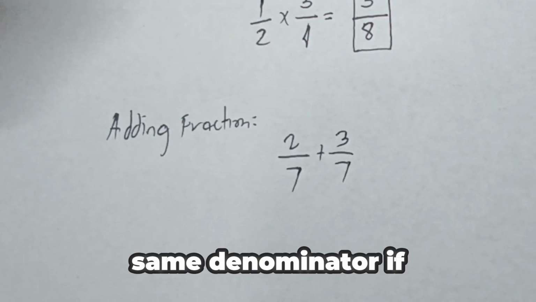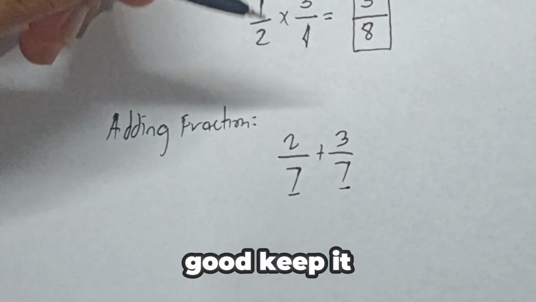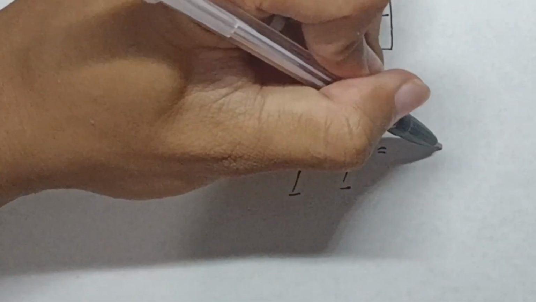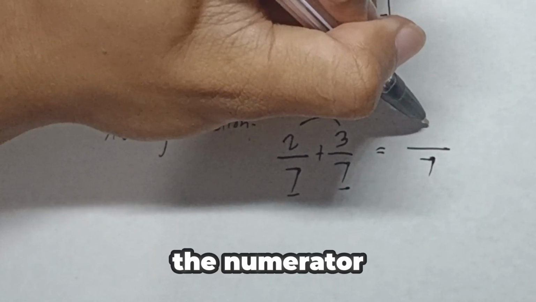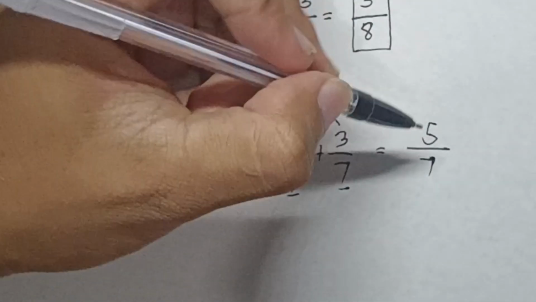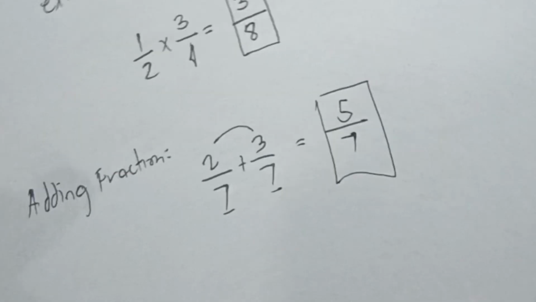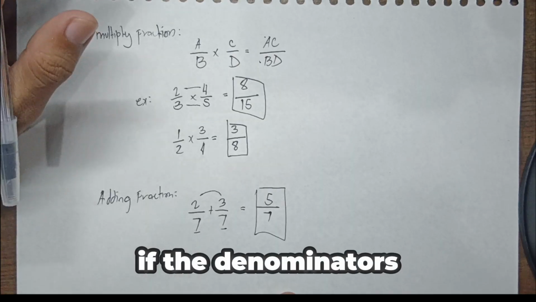Same denominator. If they have the same denominator, good, keep it. Just copy the denominator and add the numerators, which gives 5. That's 5 over 7. What would happen if the denominators are different?